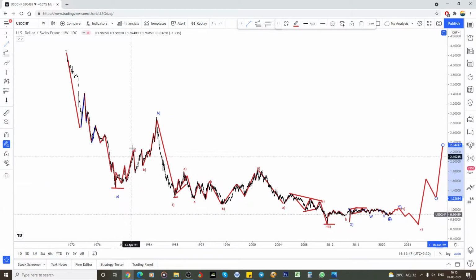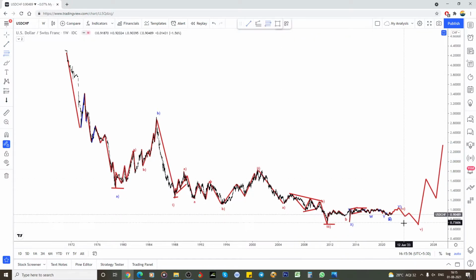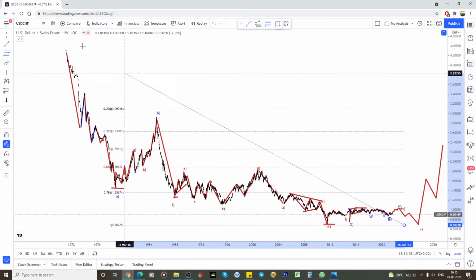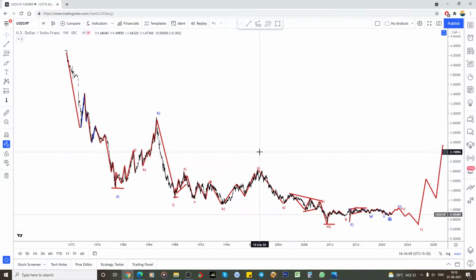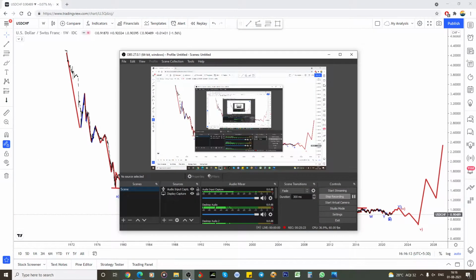So A, B, C is an A and here it's a flat correction. Sorry, it's a flat correction. After that, at least if it breaks this low to the top, minimum I'm expecting this zone to reach 1.8 again. So 38.2 retracement. Let me think how long it took, 25 minutes.